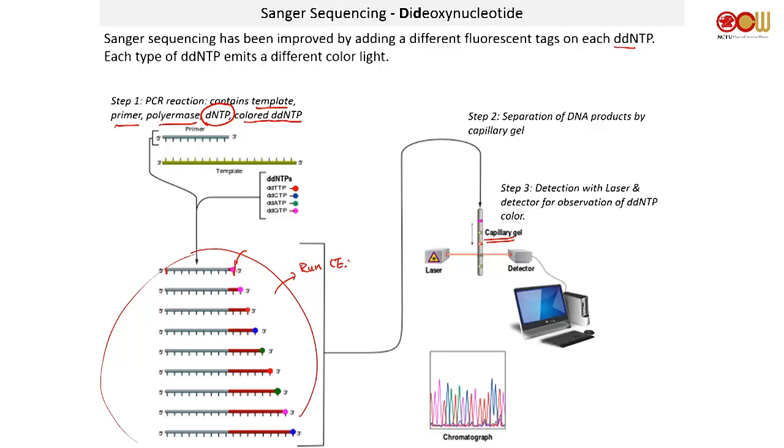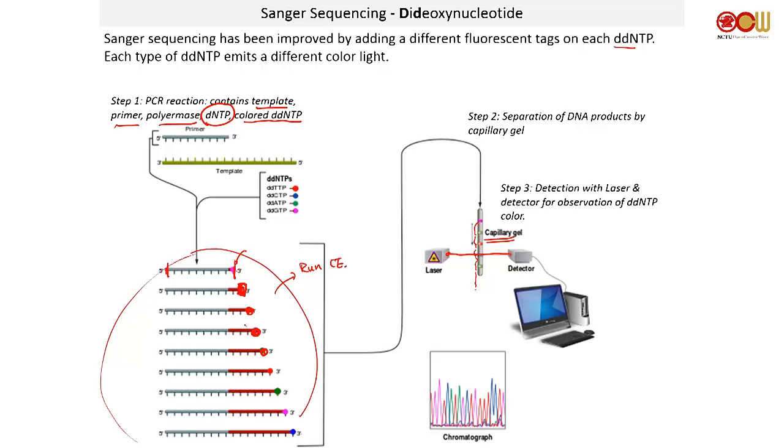Then you have a good separation, because each of the individual chains is different in size by 1 base pair. Essentially, these come out at different times, and then you have a laser that will be used to detect which color each one is. Only the terminal base will have a color, right?